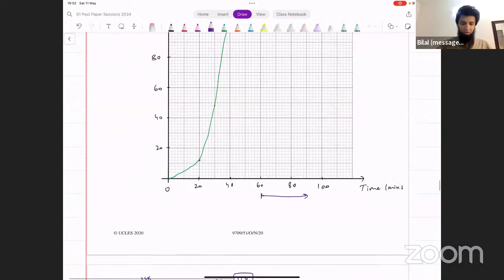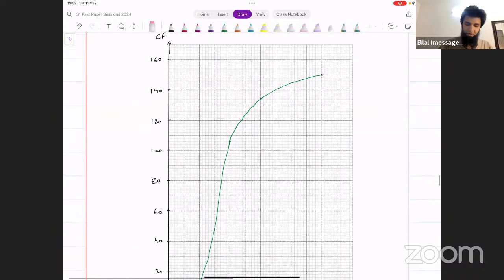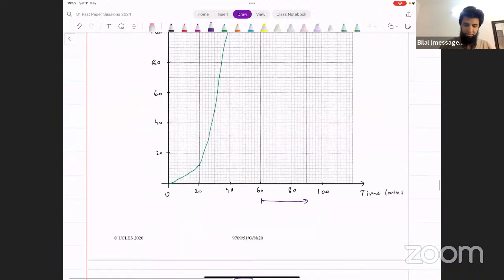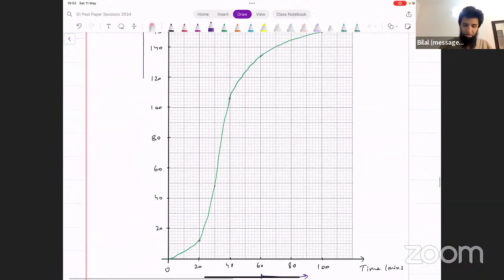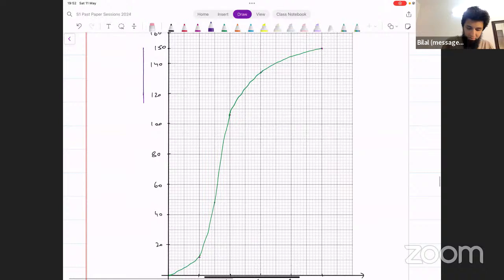Now let's go to the graph. This is 150. 150 minus 36. That's giving you 114. These are the 36 students that we're talking about. This point here is 114.